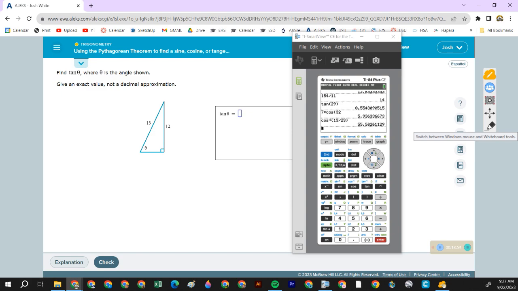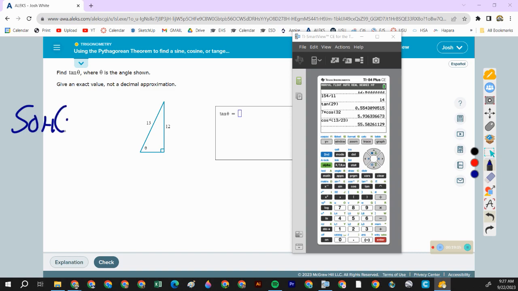All right. So here it wants the tangent of theta. According to SOHCAHTOA, tangent is O over A. So we want to do the O side divided by the A side. But we have a problem. I don't know the A side. So how do I find the A side? Pythagorean theorem.